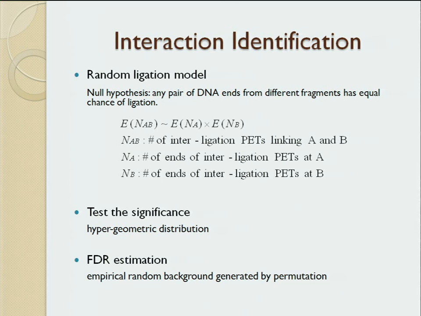We use the hypergeometric test for significance. Moreover, we generate random data by permutation, which means randomly permuting the ends of the ChIA-PET. Based on this random model, we are able to get an FDR, and based on the FDR, we obtain a relatively reliable list of interactions.